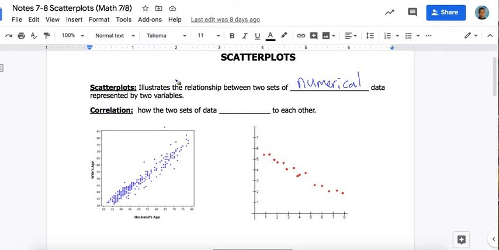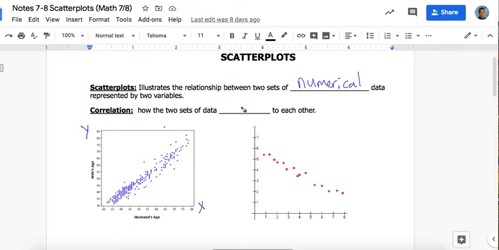Remember, the independent variable is graphed on the horizontal axis and is the x, and the dependent variable is graphed on the vertical axis, or the y. Scatterplots are used to predict linear trends and estimate a line of best fit. And we'll talk about what a line of best fit is down below.